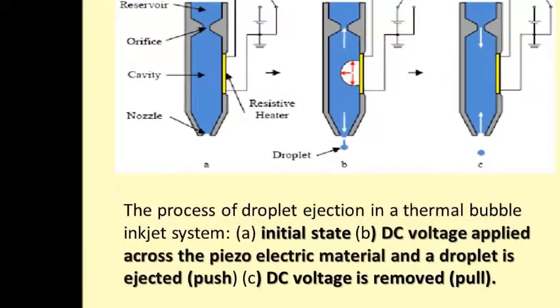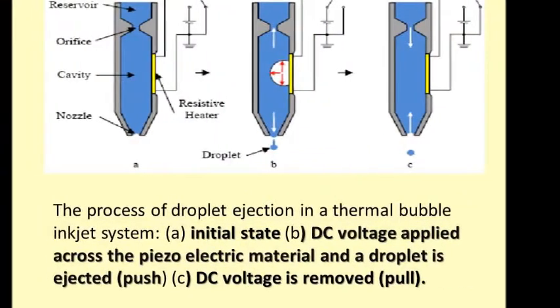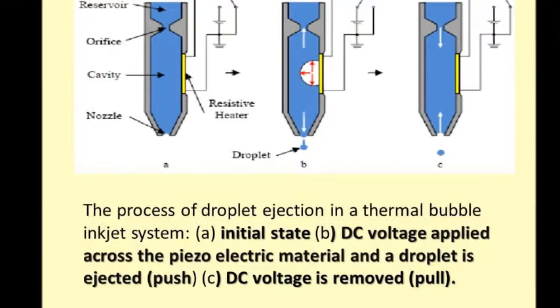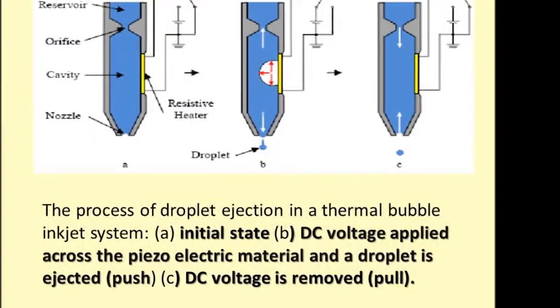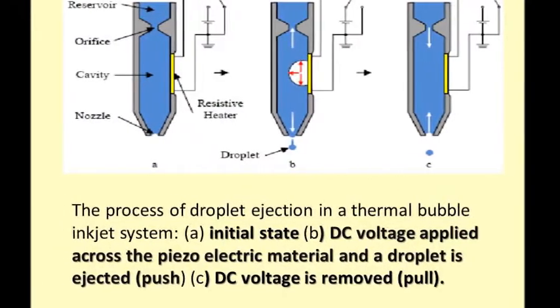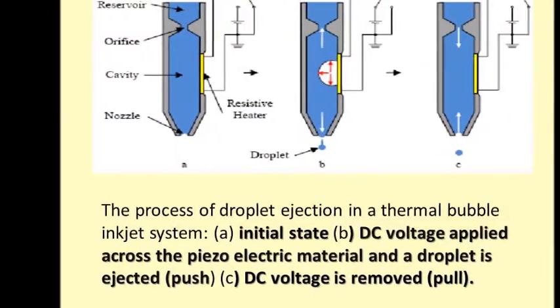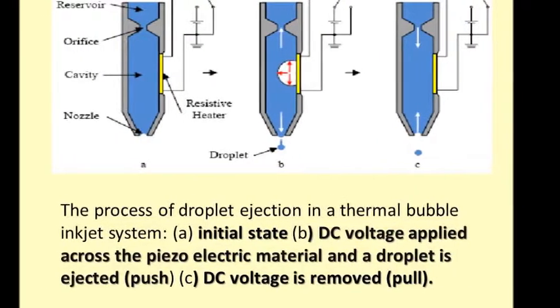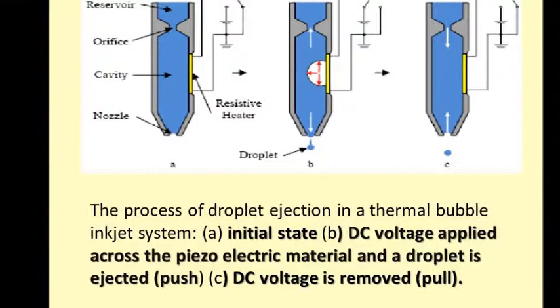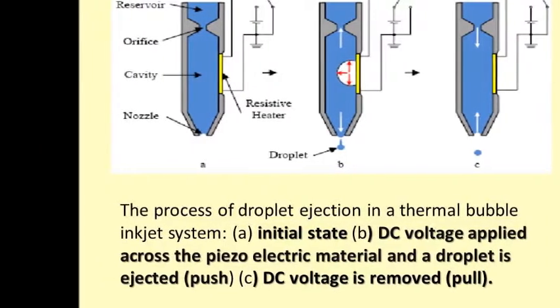This causes the ink to form a tiny bubble. As the bubble expands, some of the ink is ejected from the print head onto the paper. When the bubble collapses, a small vacuum is created which allows fresh ink to be drawn into the print head. This continues until the printing cycle is completed.